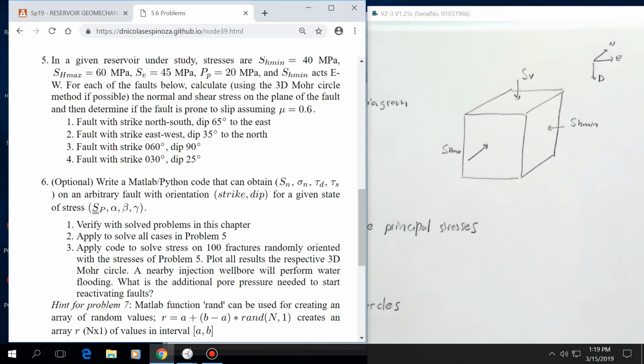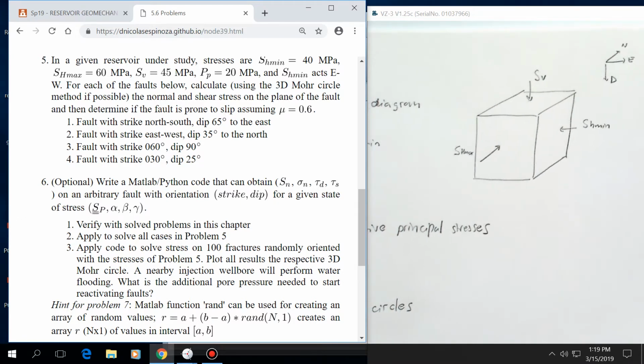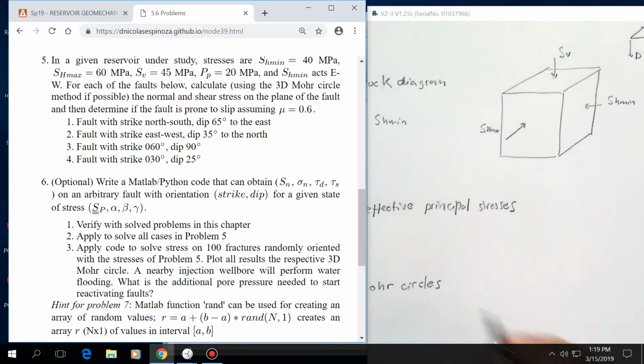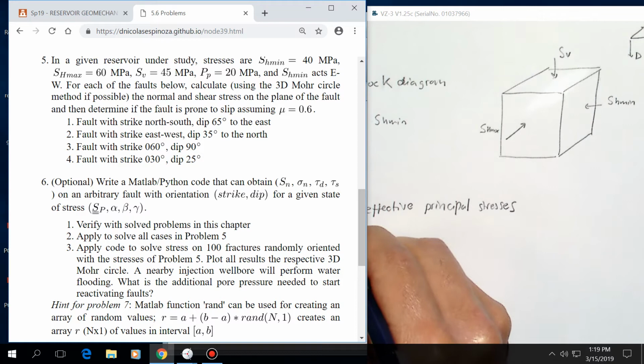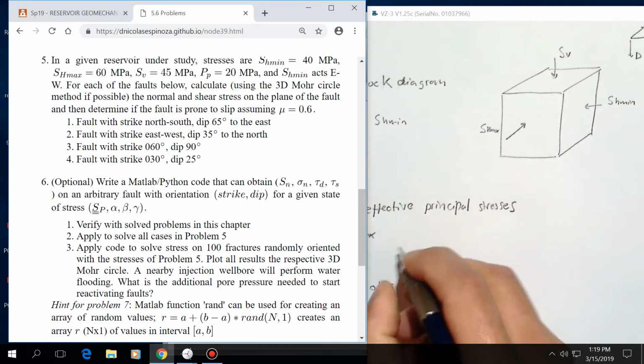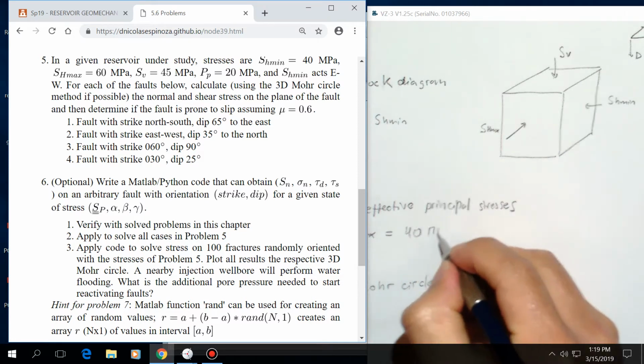And what are the effective principal stresses? Sigma H max, anyone has the value? 40 MPa.